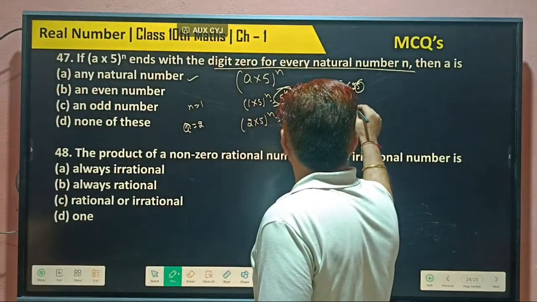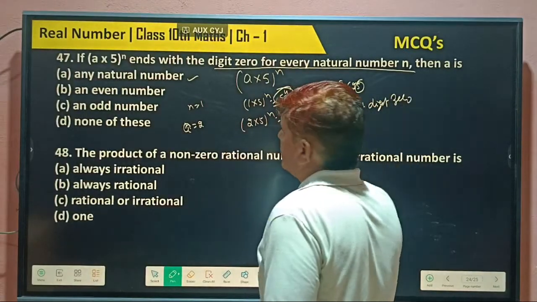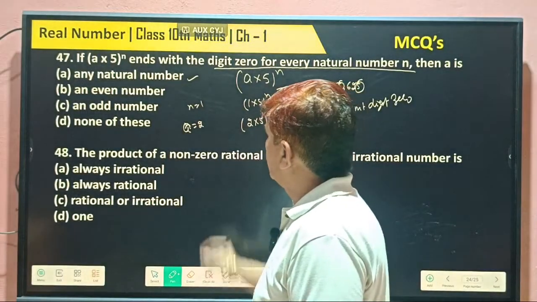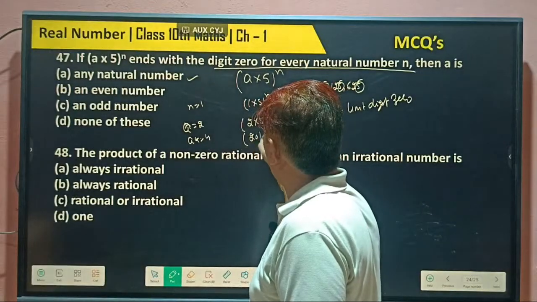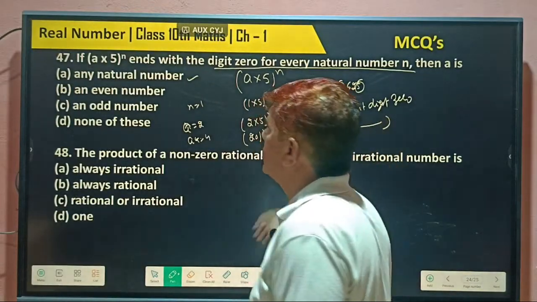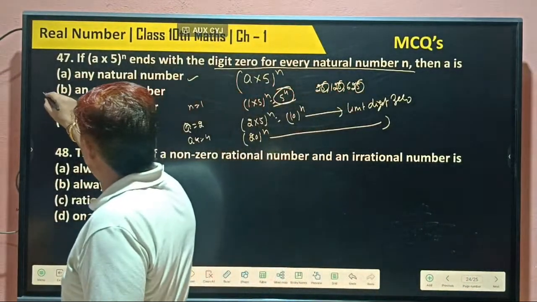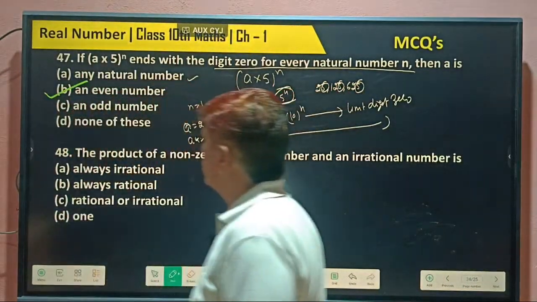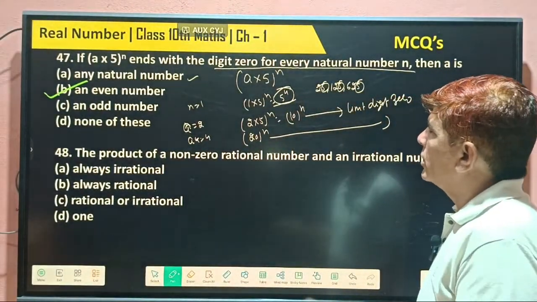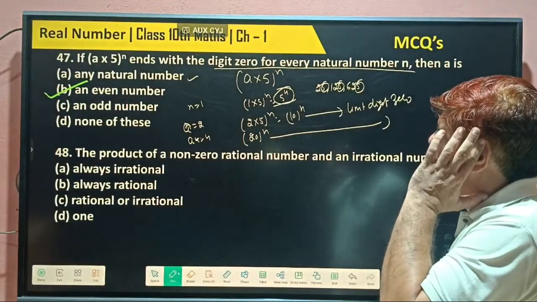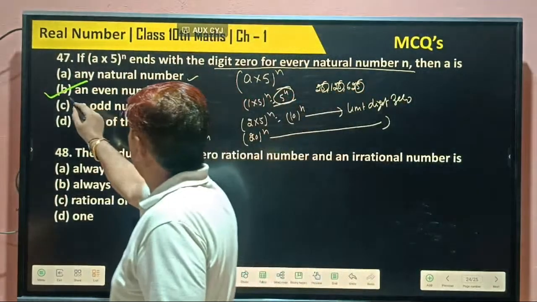Definitely its unit digit is 0. Taking 4, it also comes to 20 power n, definitely unit digit 0. So what can we say? An even number. And if we take an odd number 1, 3, 5, then it does not come. None of these are possible. So this is its answer.